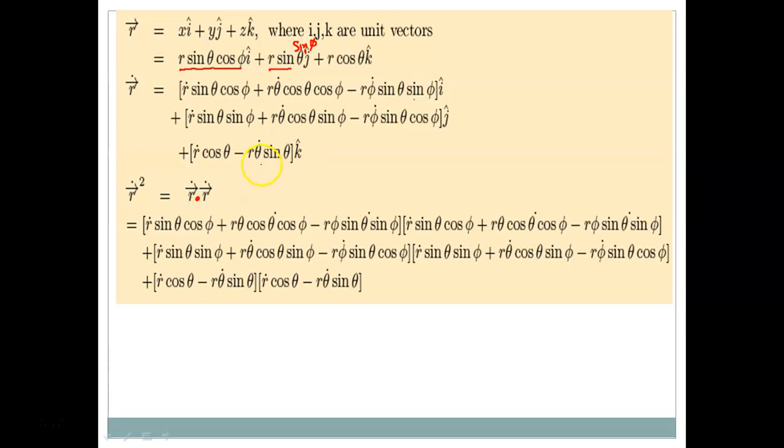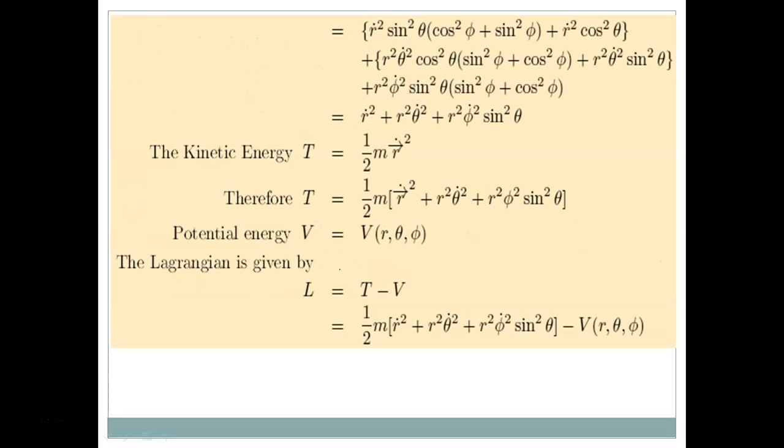And when the dot product is taken, r dot with r dot, what do we get? We get this term multiplied with the same, we are getting the first one, plus this with the same, we are getting the second one, and then this with the same, we are getting the third one. On simplification, we obtain this value.